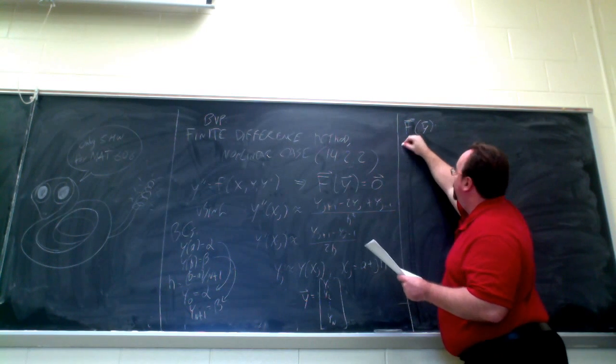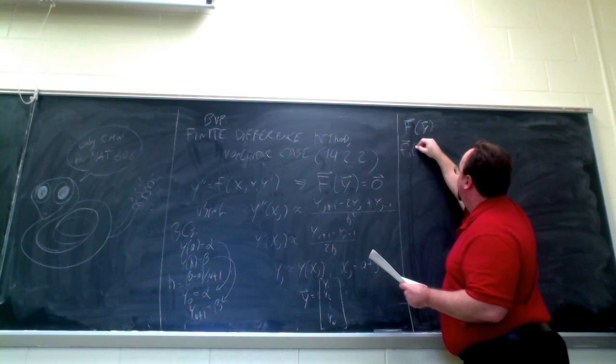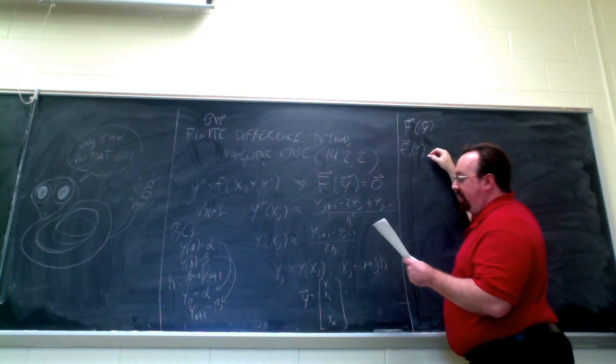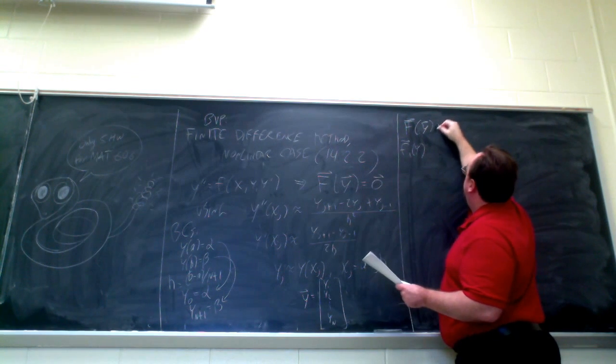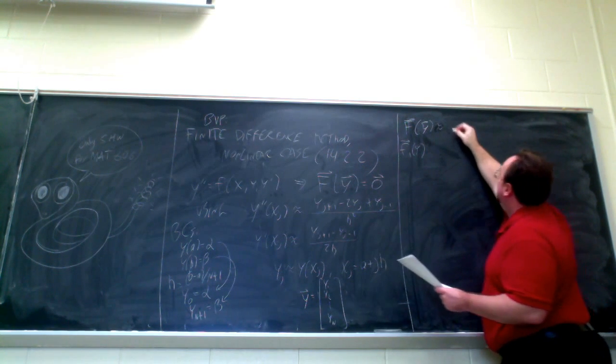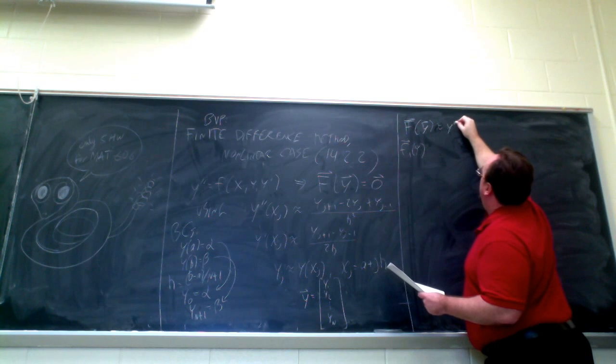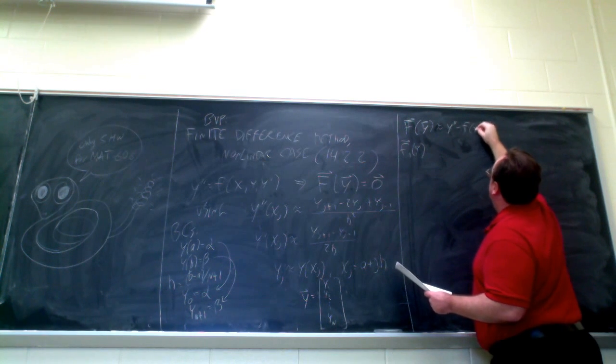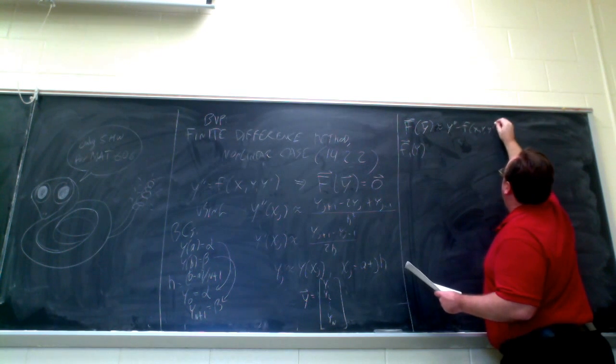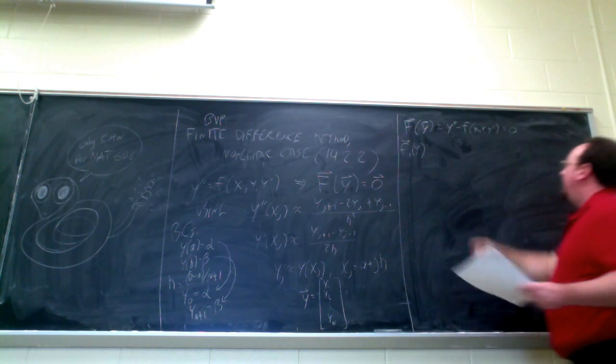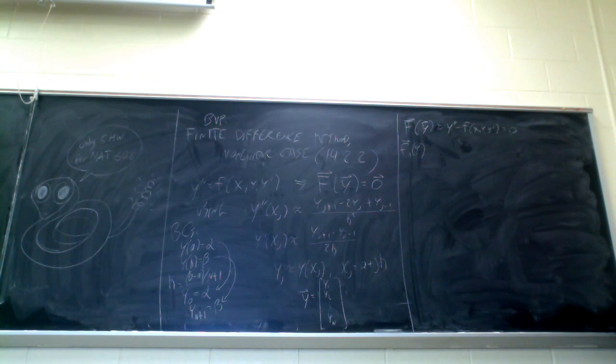So for your first component, you can think of it as approximation of y double prime minus f of x, y, y prime, which you want to be 0. So we're just moving everything onto one side.